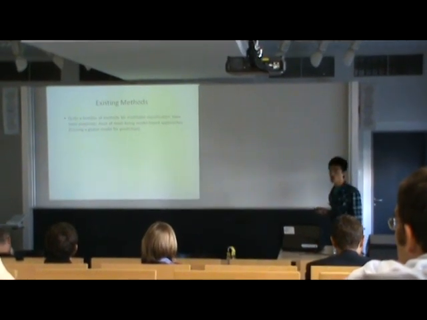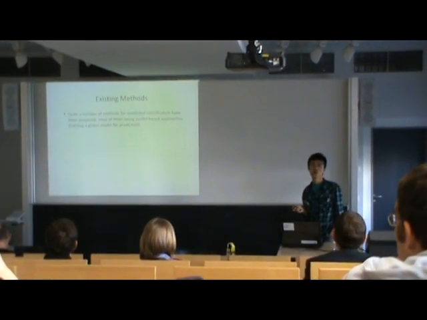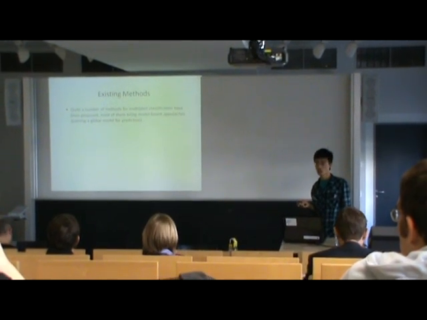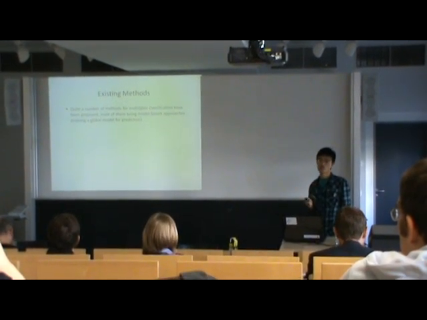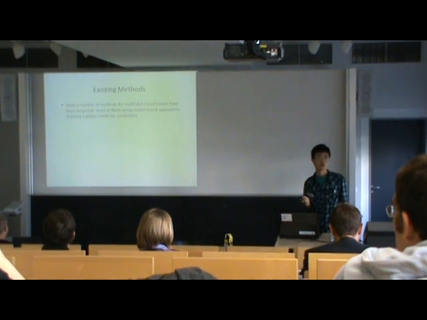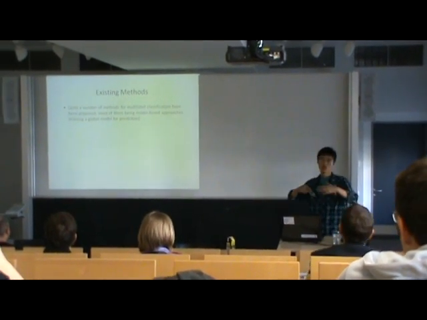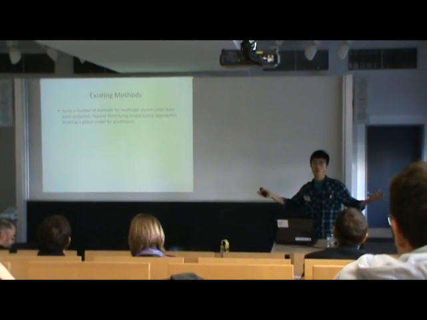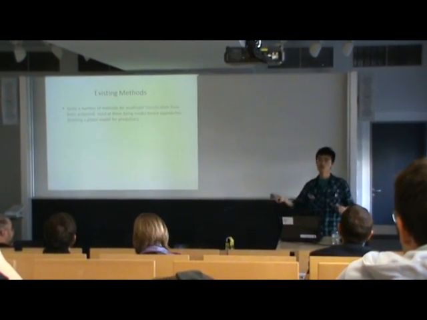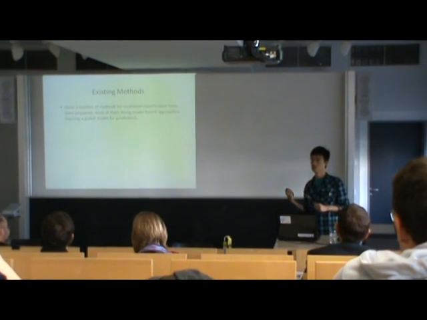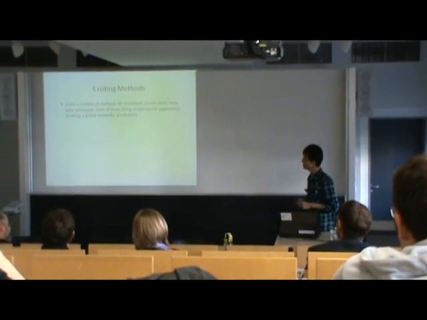There is already quite a number of works on this multilabel learning problem, and most of them are model-based approaches. The idea is that I give you training data, you train a global model, and at test time, you just apply this model and it gives you the outcome, right?